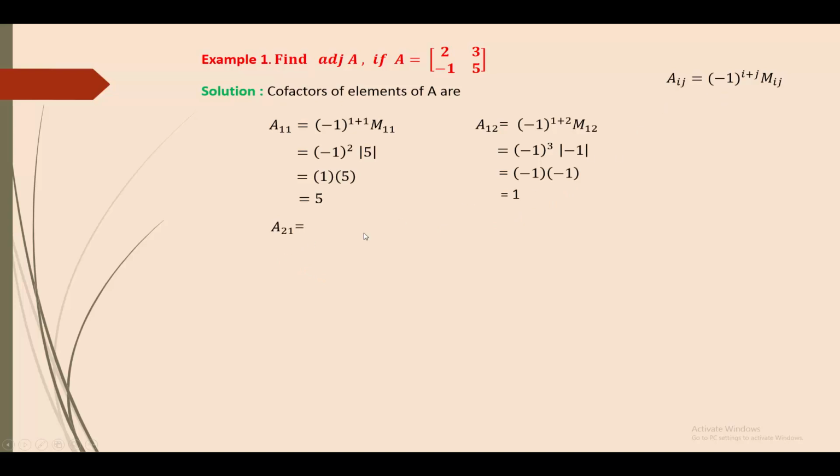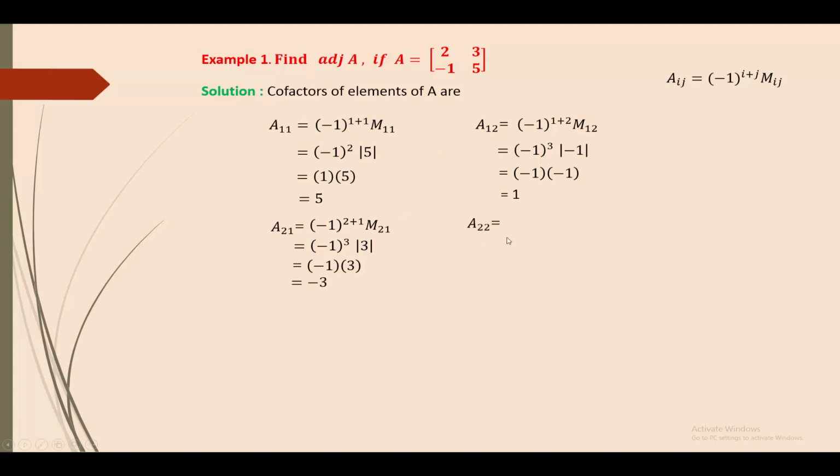A21, by using this formula, is minus 1 raised to 2 plus 1 M21, equal to minus 1 cube into, now minor M21 is obtained by deleting the second row and first column, so only determinant 3 remains. So minus 1 cube is minus 1 into 3, which is minus 3.